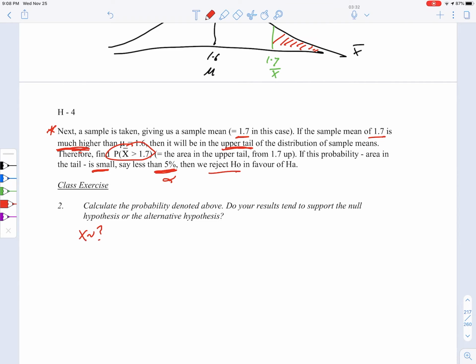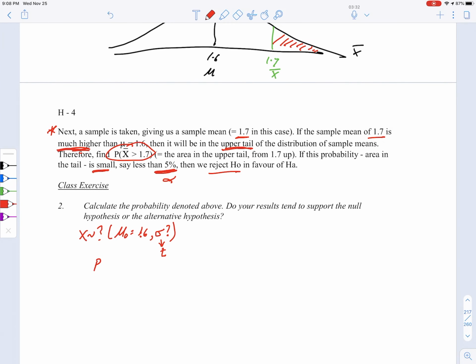So X, well, we don't know how it's distributed. We don't know that it's normal. We've got a hypothesized mean of 1.6. The little naught there says that it's hypothesized in the null hypothesis. And we don't know what sigma is, right? So that means we're going to be using a t distribution.